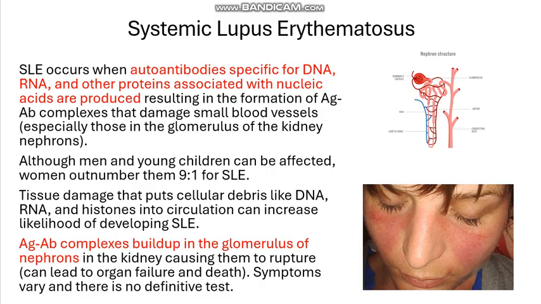If we already have these T and B cells specific for the nuclear antigens in the blood, and you get some kind of tissue damage that releases nuclear antigens into the blood, then these T and B cells are going to pick up these nuclear antigens and trigger an adaptive immune response, which is going to produce memory B cells.